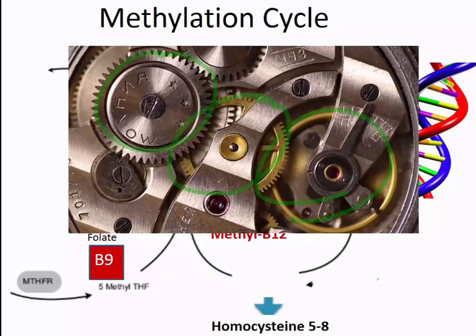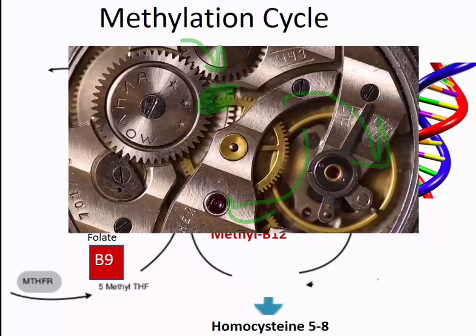Now just imagine if a grain of sand gets right in there. When you have this grain of sand, it's going to prevent the normal twisting and cycling of this clock.